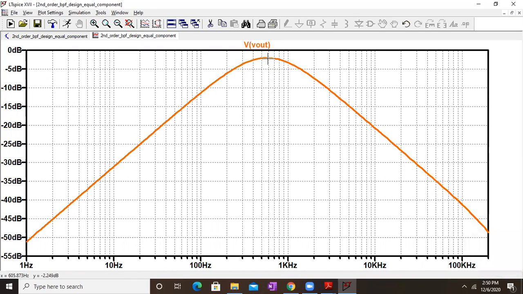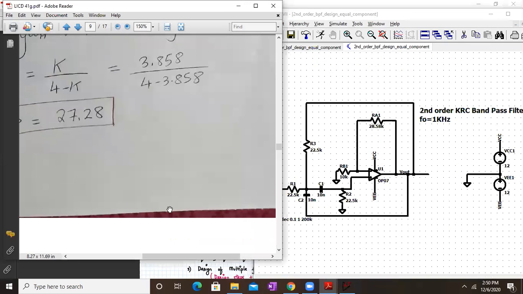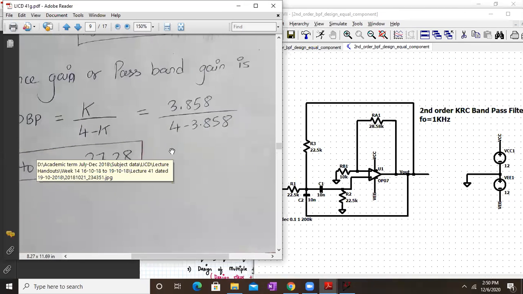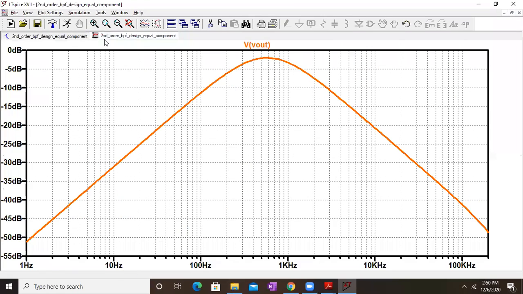So we can check the value now. The highest value of the HOBP will be 27.28. So we can take 20 log to the base 10 of 27.28. Okay, that we will check later. But the nature of the response is quite the same.